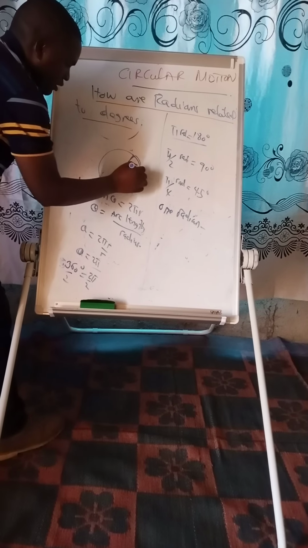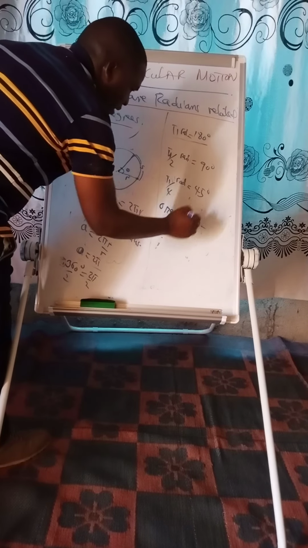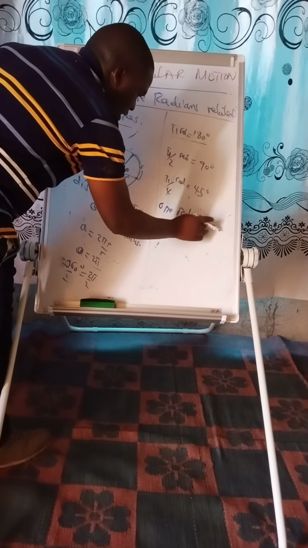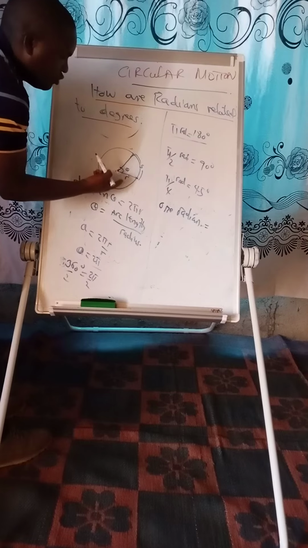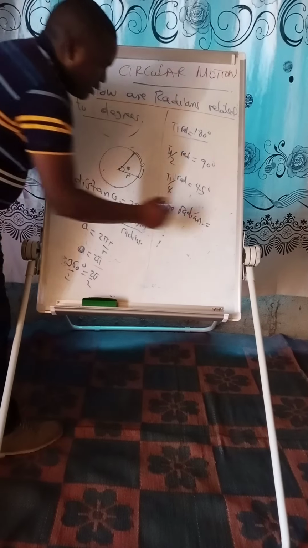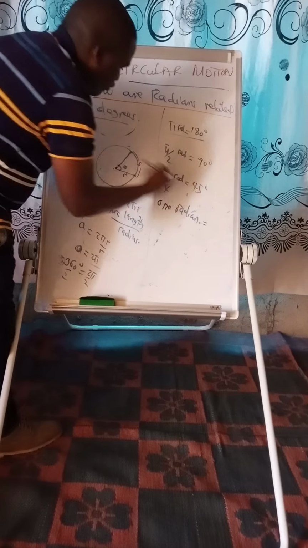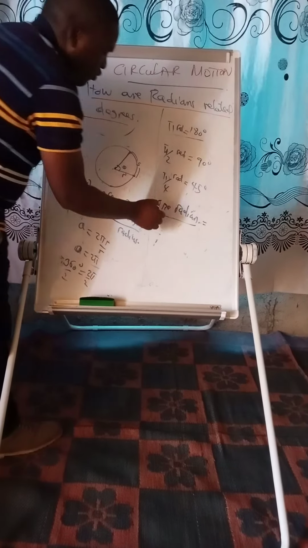This is the arc length. So how can we find 1 radian? We can define that for 1 radian, this arc length should be equal to the radius. Because it's just a ratio of arc length and radius, if they are the same, it gives 1 radian.